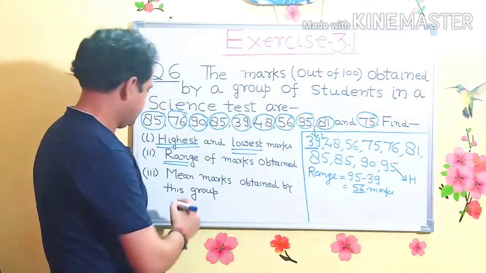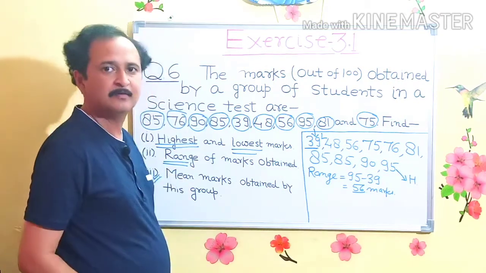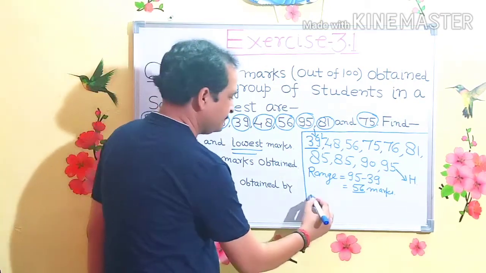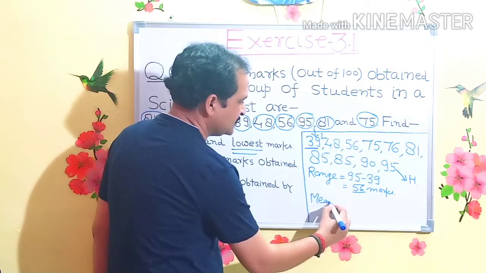Now the third part, what is the mean? Mean is also known as arithmetic mean. So how is the mean defined?